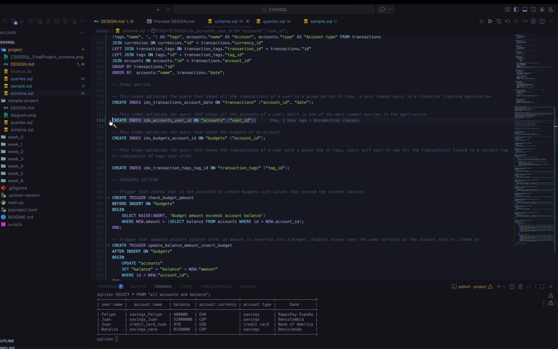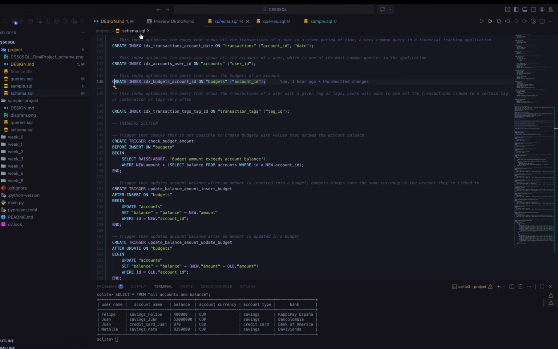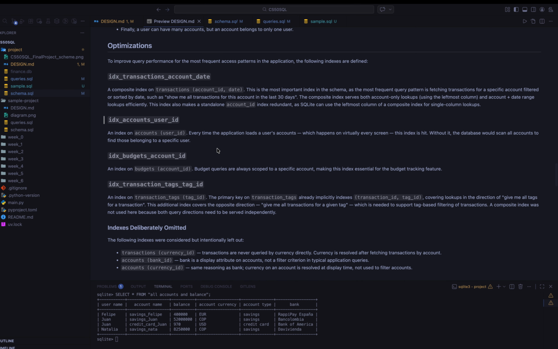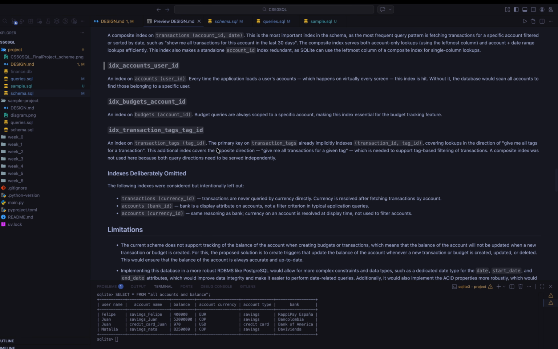Let's say that you want to query all the accounts for a certain user, and even budgets. So how many budgets we have on certain accounts, or you want to filter on a certain budget from certain accounts. So that's why I also created these indexes. This is also documented in this design file.